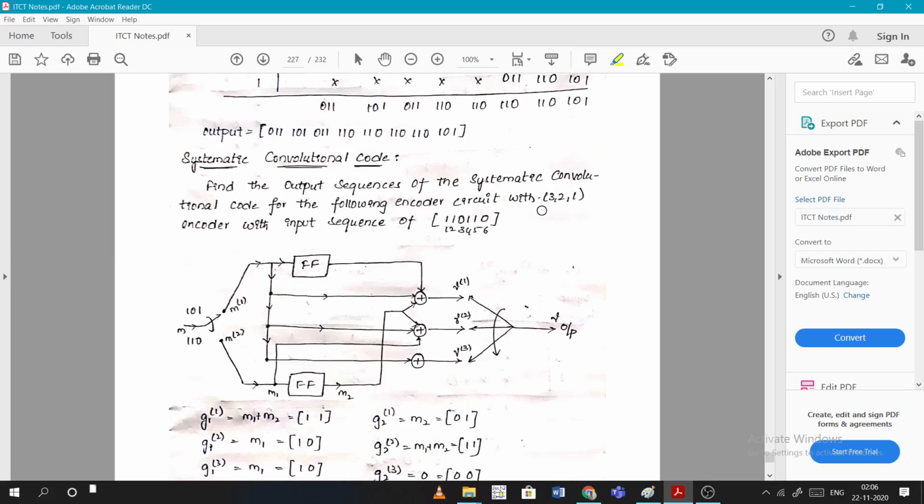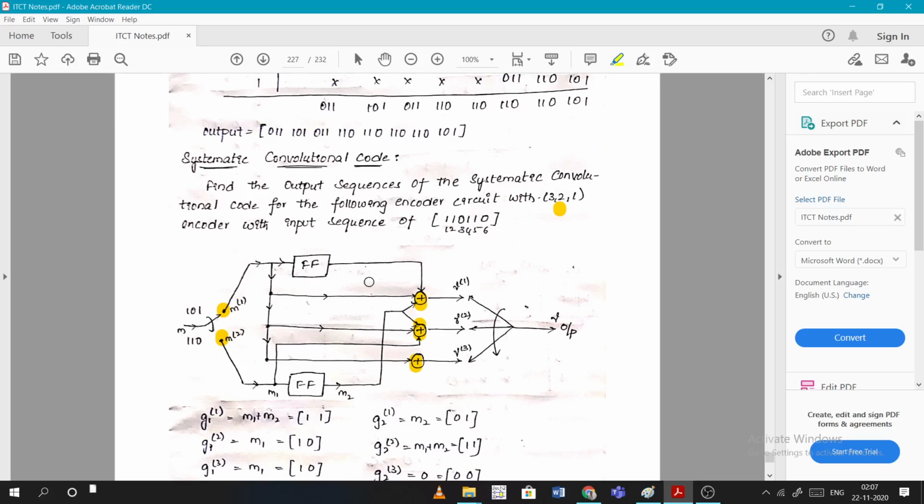In this example, it is written as 3 2 1, right? Here 3 because the total number of modulo-2 adders is 3. 2 because 2 inputs are there. And why 1?